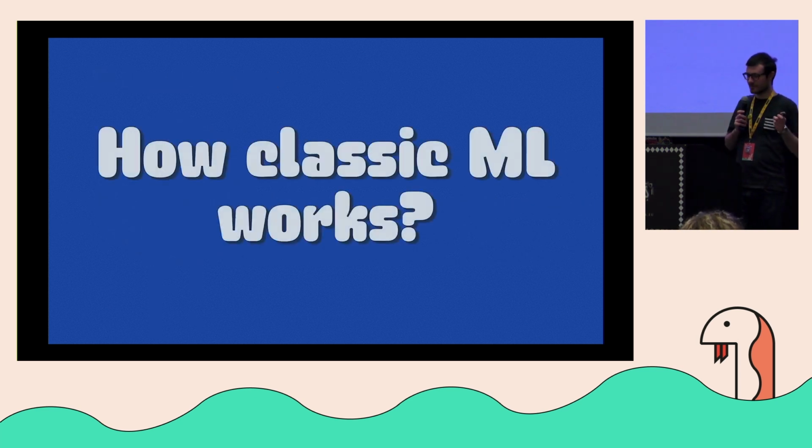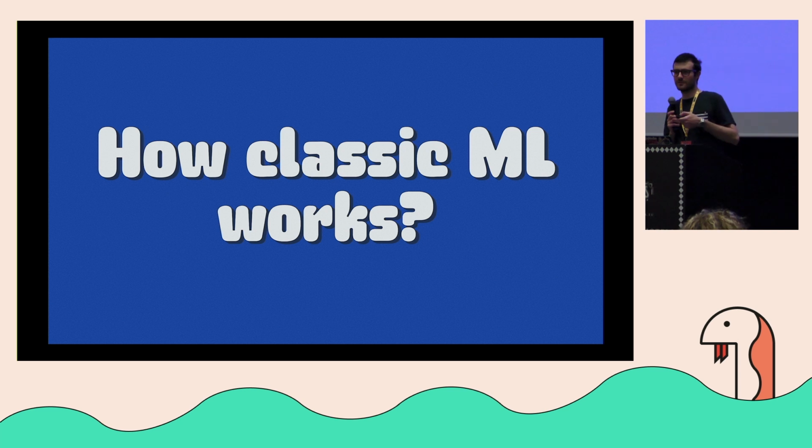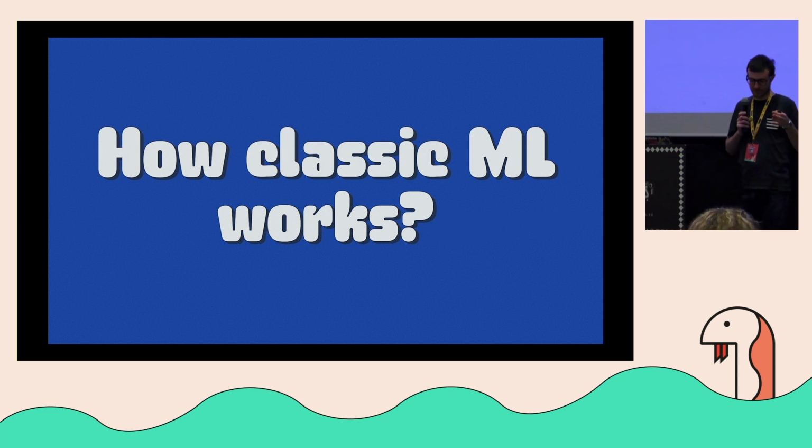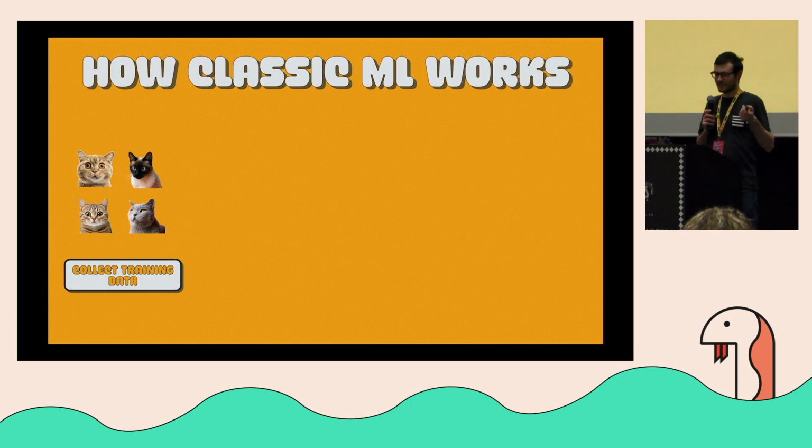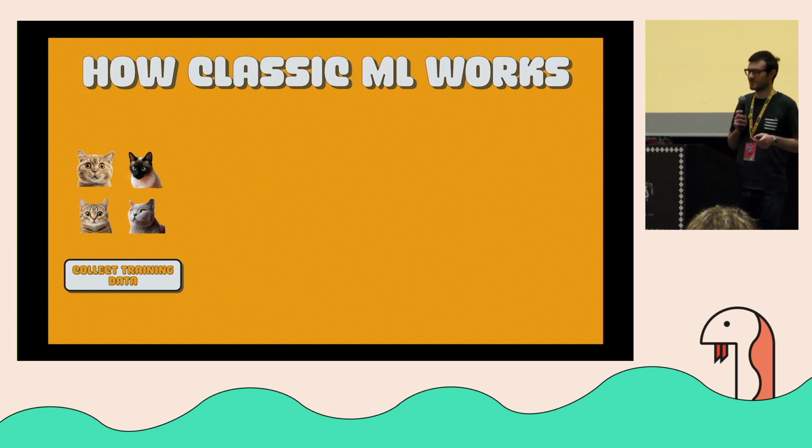So before introducing federated learning, just a quick recap of how classic machine learning works, to understand better what the differences are with federated learning and why maybe we need it. When we want to train machine learning models, the first thing we need is some data to train the model.